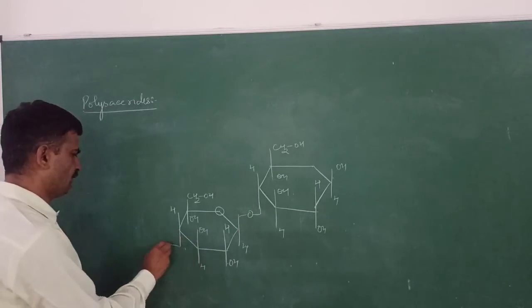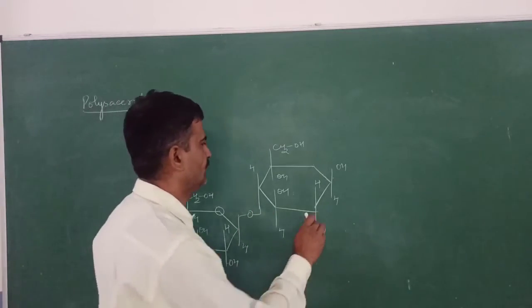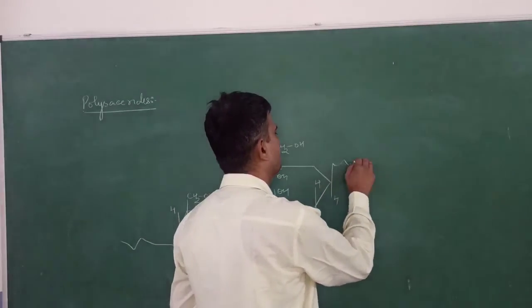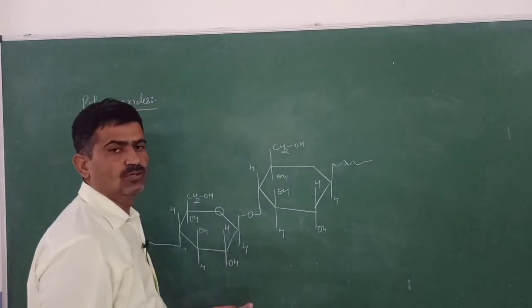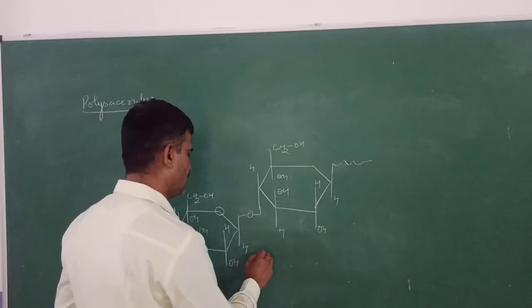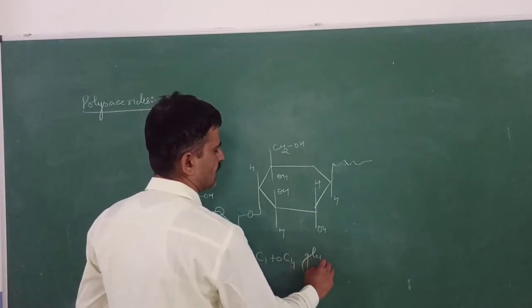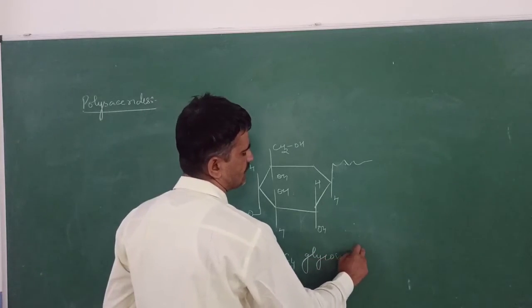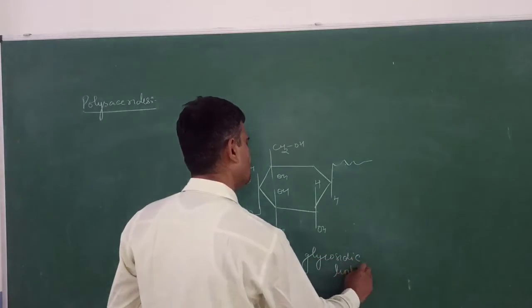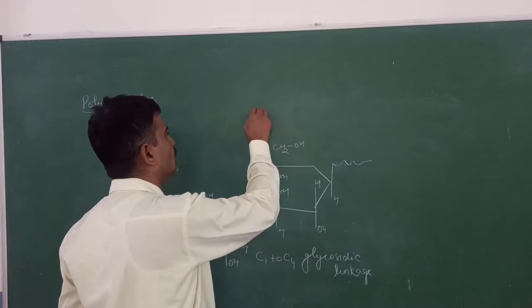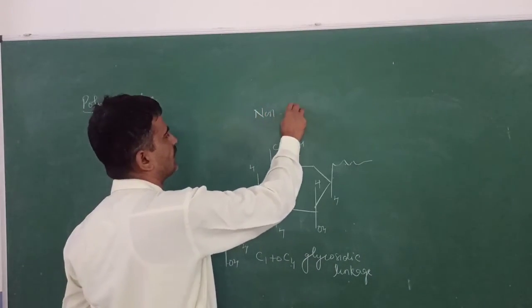This is a regular sequence of beta D glucose units, and this cellulose is also a non-reducing sugar. It has C1-C4 glycosidic linkage, and it is also a non-reducing sugar.